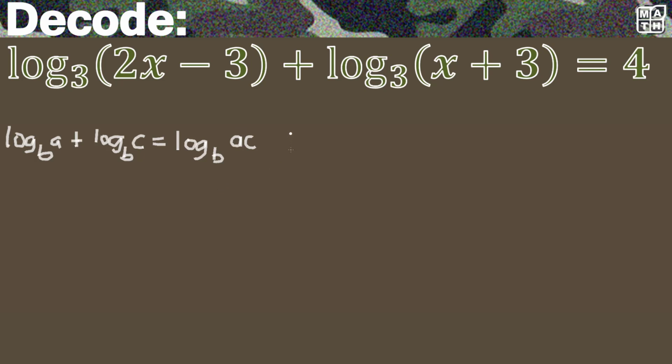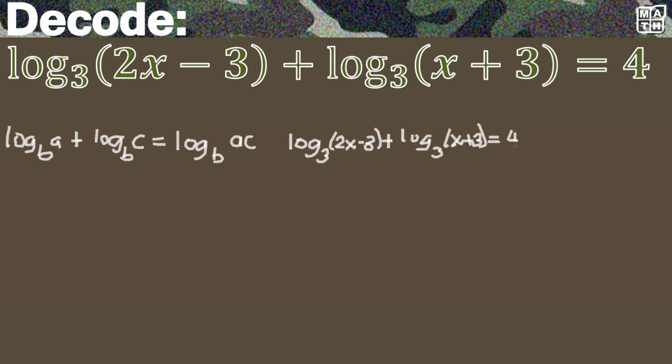So if we have the original given, the logarithm of the quantity 2x minus 3 to the base 3 plus the logarithm of x plus 3 to the same base 3, which is equal to 4.